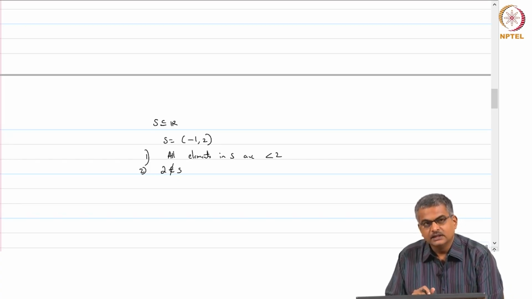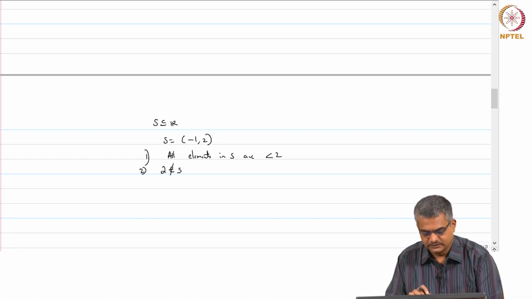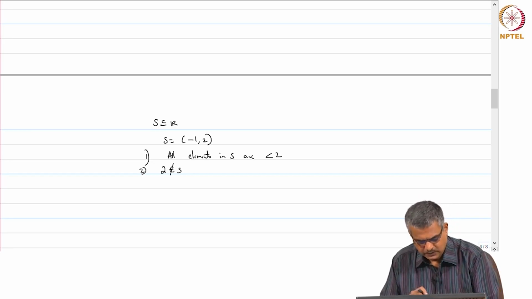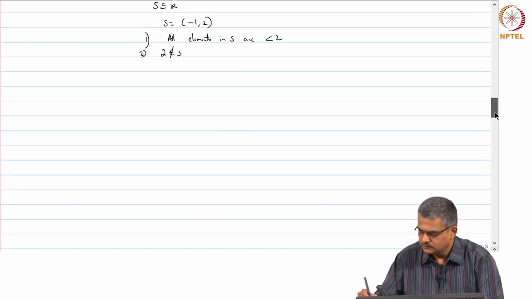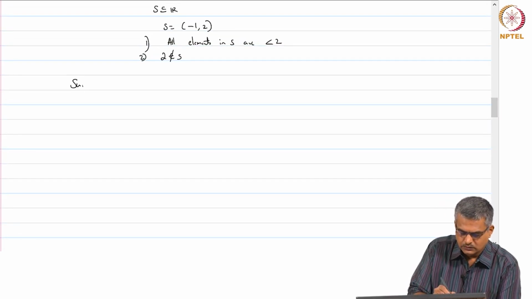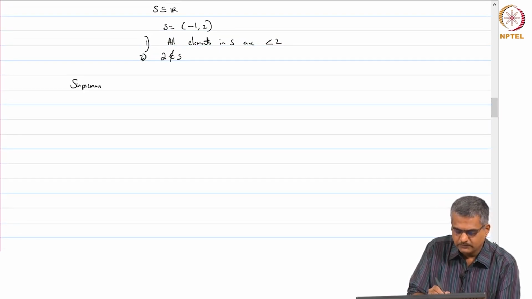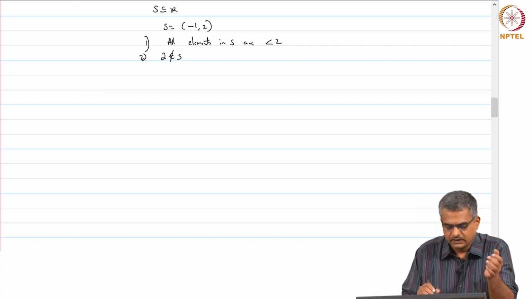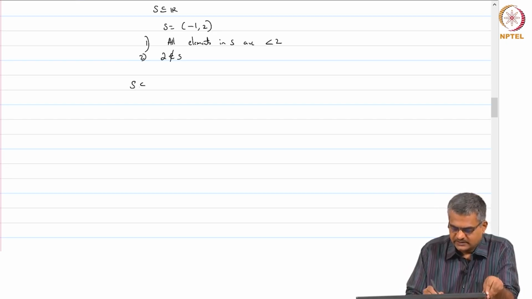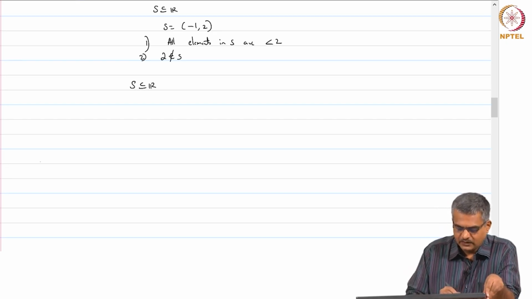So, -1 is the least number in this set, okay, and again -1 does not belong to the set S. So, let us capture this in a notion called supremum of a set. So, this notion holds for only subsets of the real line, right, not subset of Rn. So, S is subset of R, right.